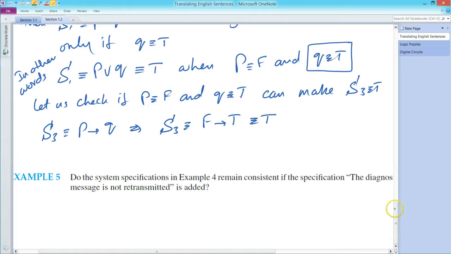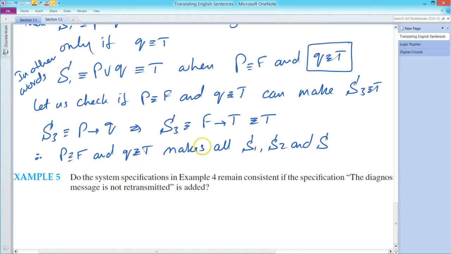Therefore, P equals false and Q equals true makes all of S1, S2, and S3 true.